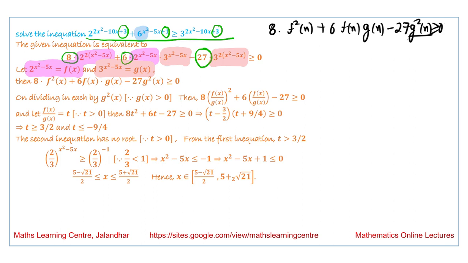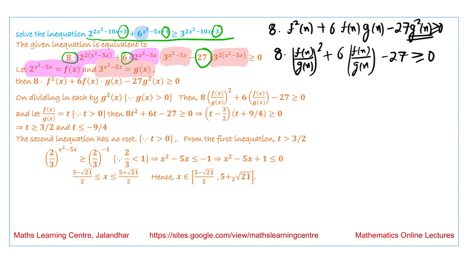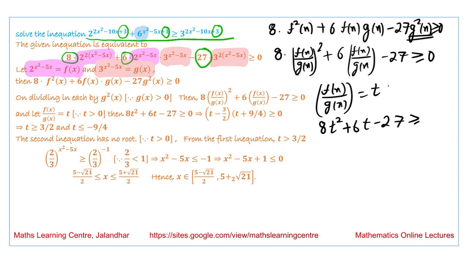If we divide this equation by g square x, it becomes 8 into (f(x) by g(x)) whole square plus 6 into f(x) by g(x) minus 27 is greater than or equal to 0. Now we substitute f(x) over g(x) is equal to t. So the equation becomes 8t square plus 6t minus 27 is greater than or equal to 0.